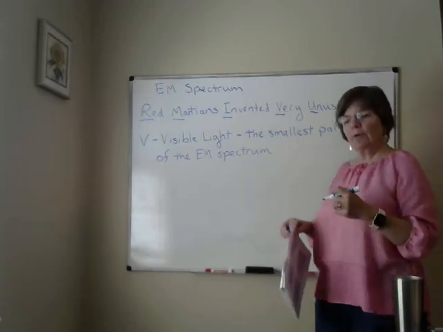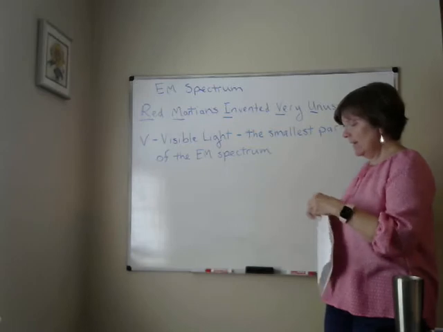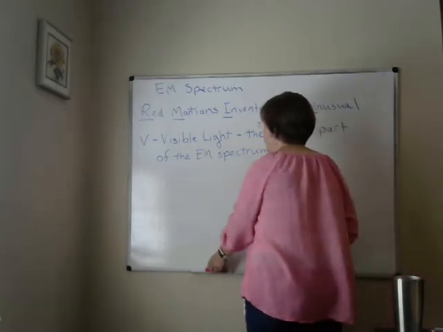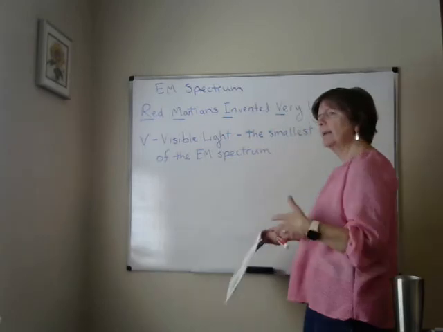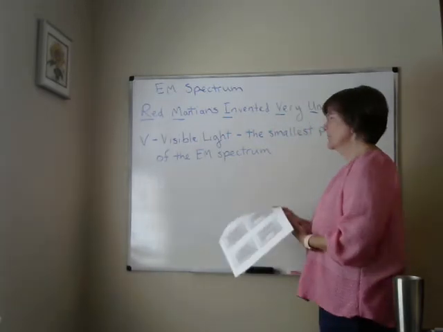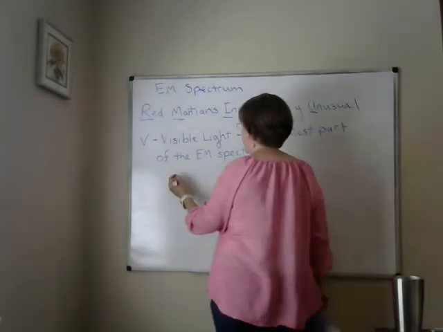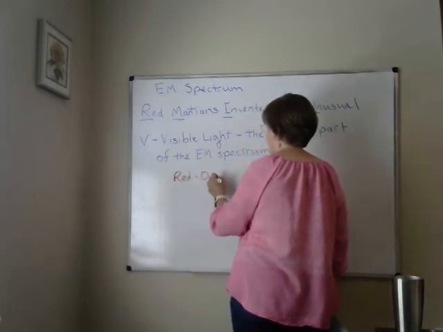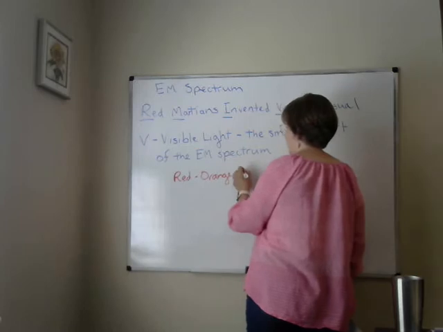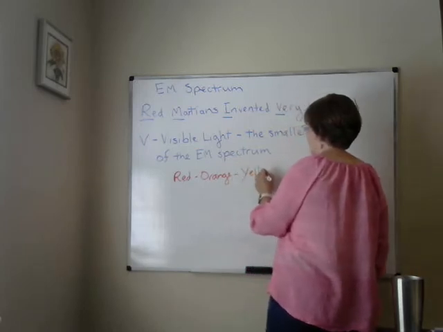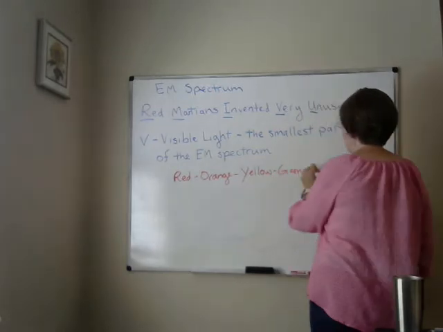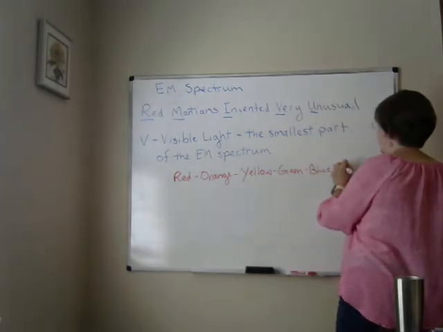Visible light can be broken down into a spectrum itself, and you should probably notice the lowest energy, longest wavelength, and we'll talk about it next chapter with color, is red. And the spectrum goes from red to orange to yellow to green to blue, then violet.